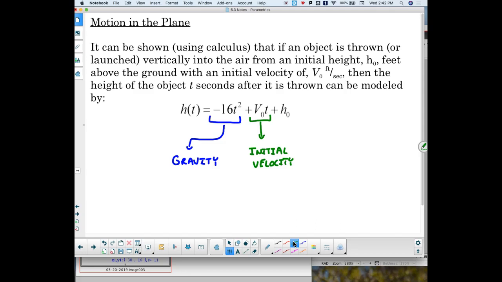So I got to put some initial velocity behind it. And then the third component is h sub 0, which is my initial height. So I've got those three components anytime that I vertically launch an object.